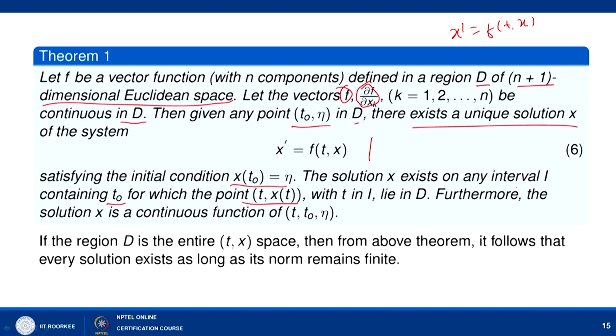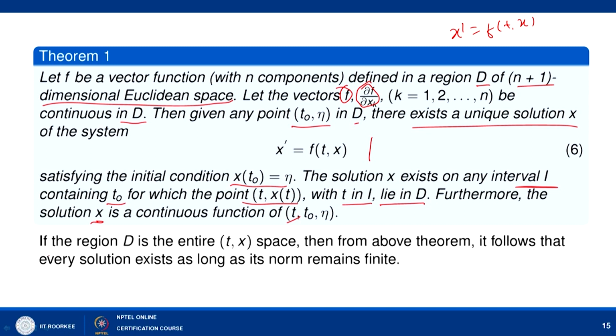That is why we are saying that the solution will exist in an interval I containing t0 for which the point (t, x(t)), where t is in I, lies in domain D. Furthermore, the solution x which we obtain is a continuous function of t. So first, the solution exists in a neighborhood around t0, and the obtained solution is a continuous function satisfying equation number 6.